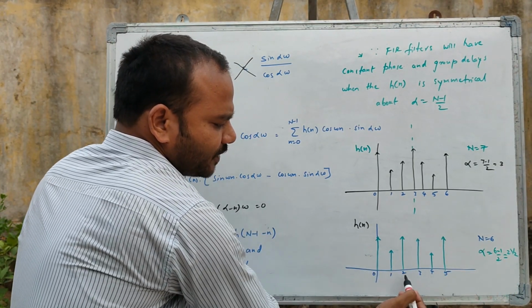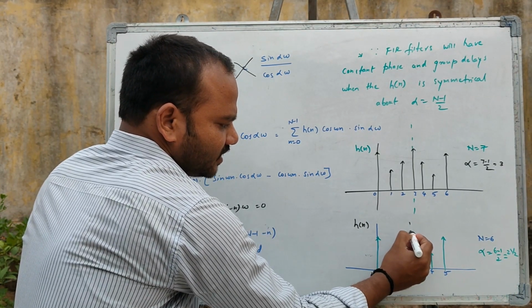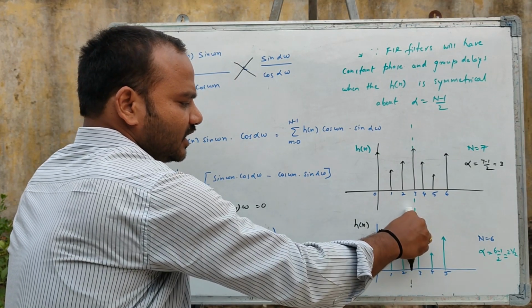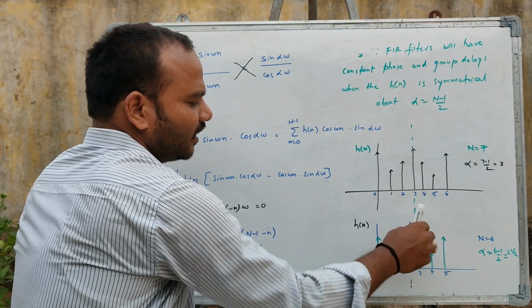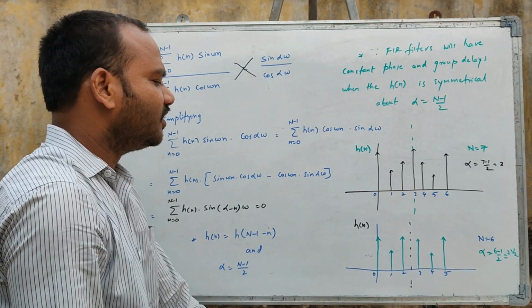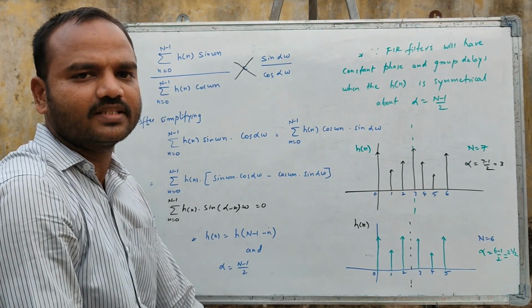This 2.5 occurs between 2 and 3, and this is the line of symmetry. Based on this line, the samples are symmetrical. This completes the explanation of linear phase FIR filters with constant phase and group delay.